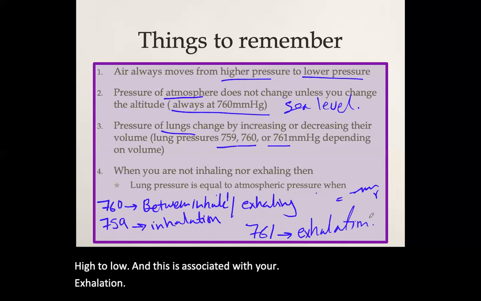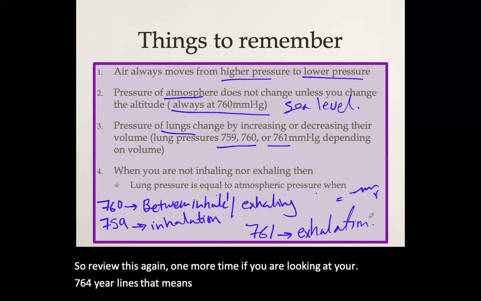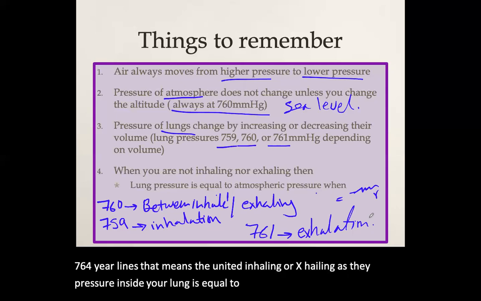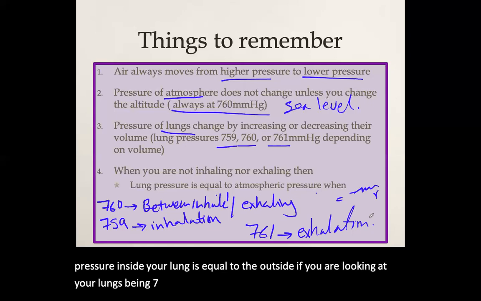So review this again one more time. If you are looking at 760 for your lungs, that means you're neither inhaling nor exhaling, as the pressure inside your lung is equal to the outside. If your lungs are 759, that means the air is going to go from the atmosphere, 760, to your lungs, which is 759.